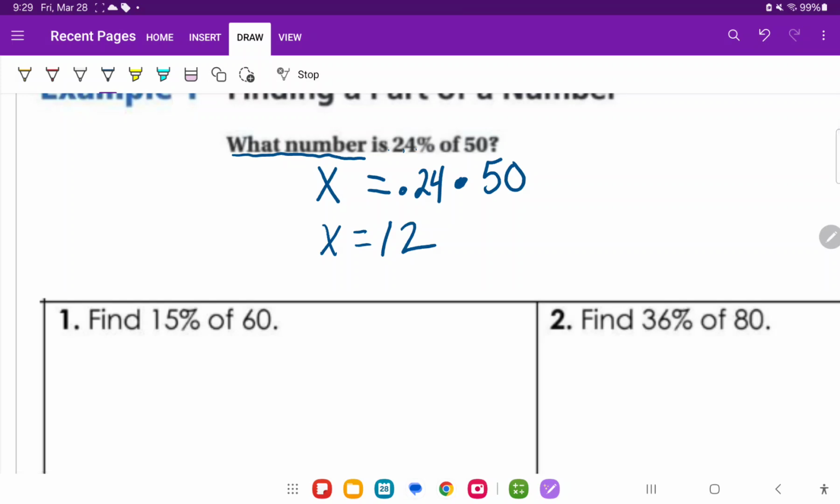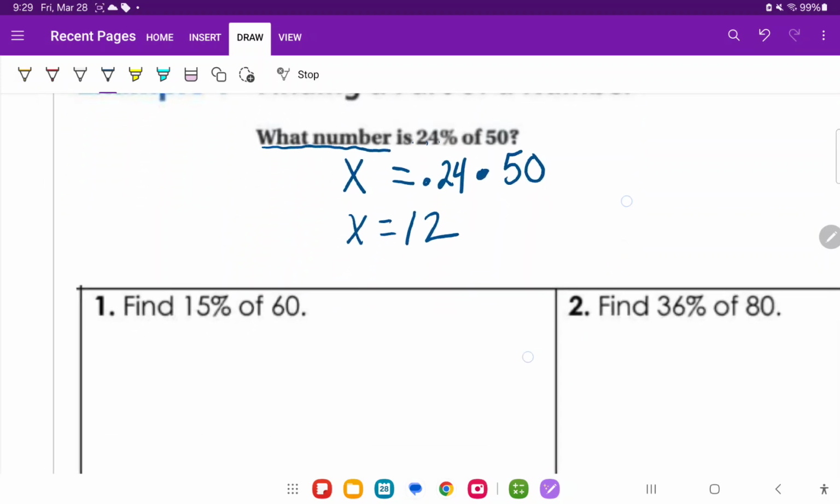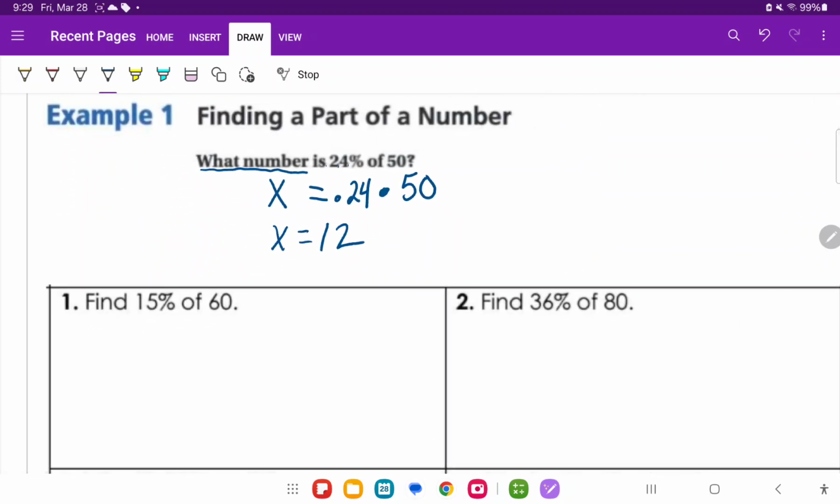Now, a really helpful thing is to remember that the word "of" translates to multiply in math language. As we look at this section right here, find 15% of 60. We change 15% by moving the decimal 2 places.